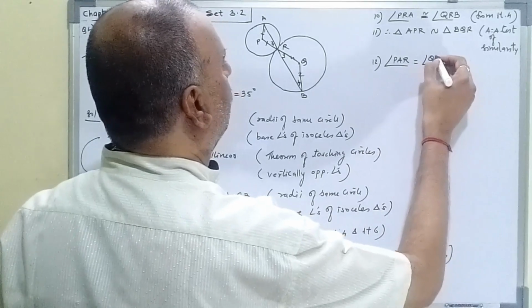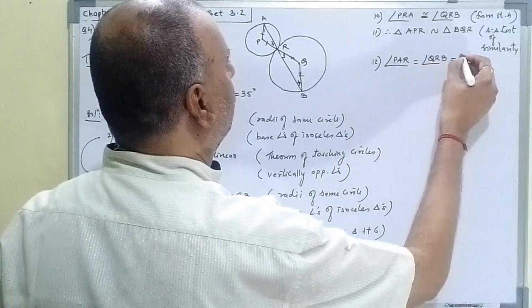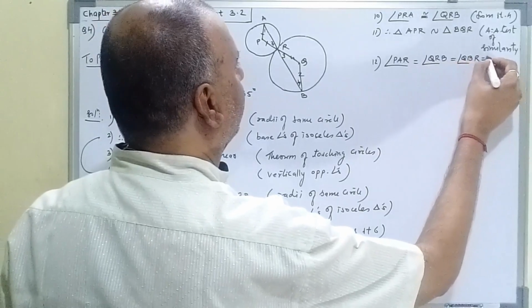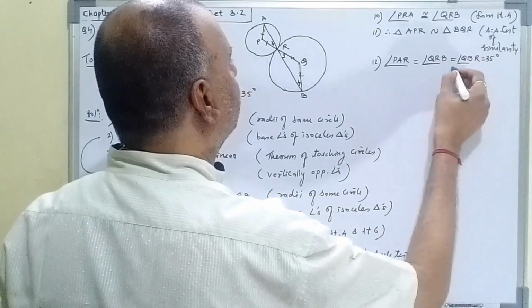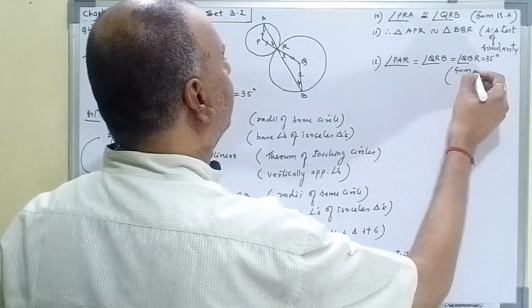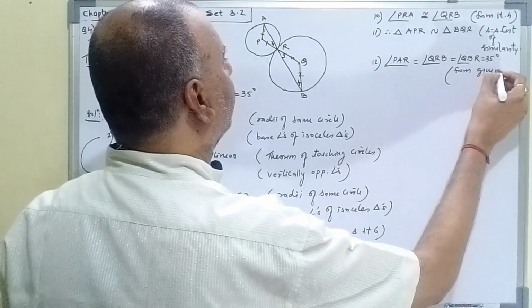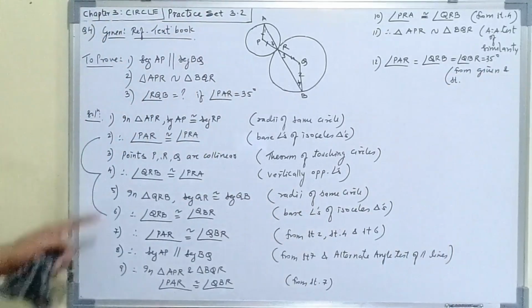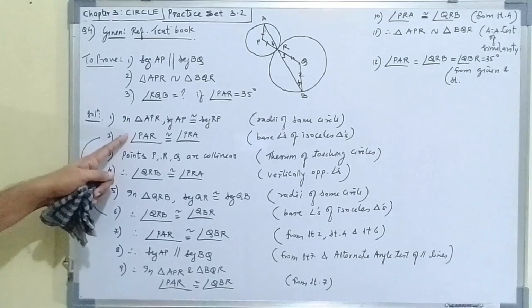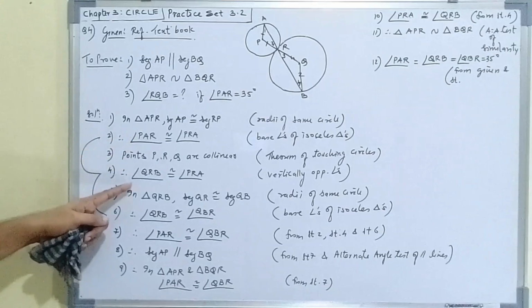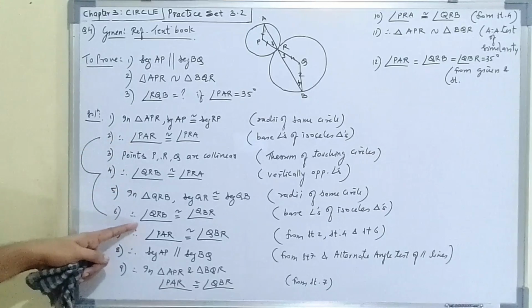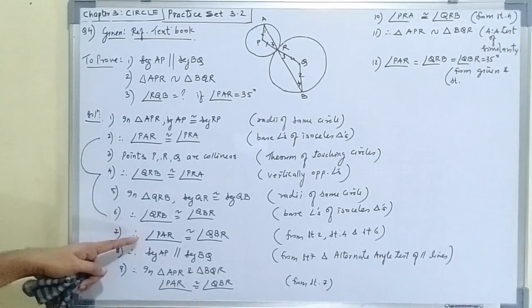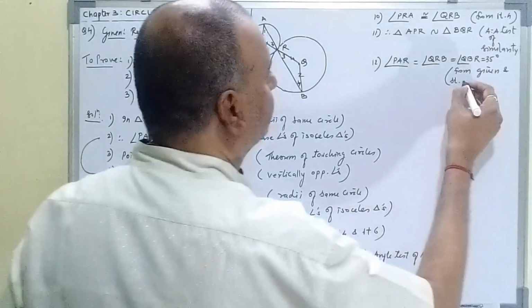Angle QRB equal to angle QBR, 35 degrees from given and statement number 2, 6 and 7.